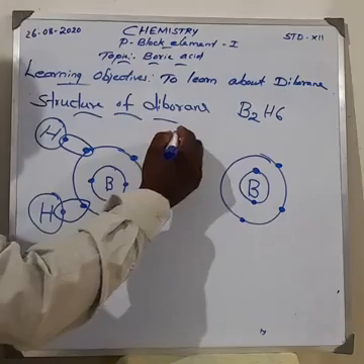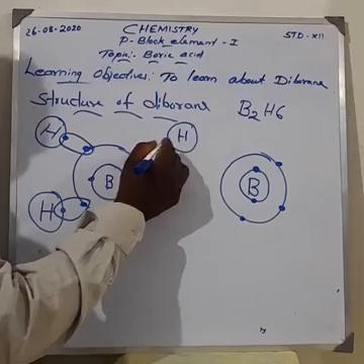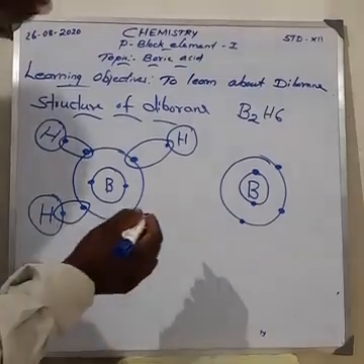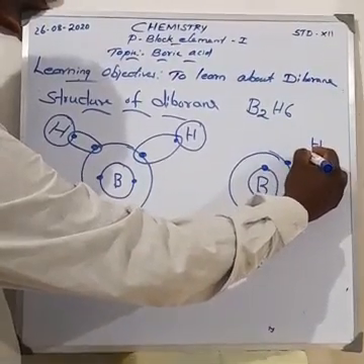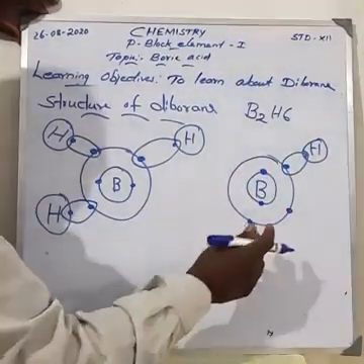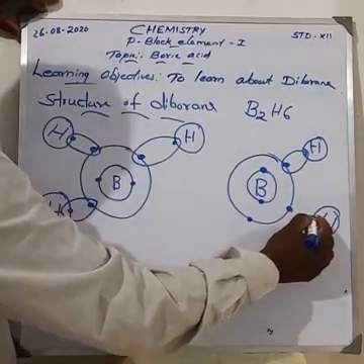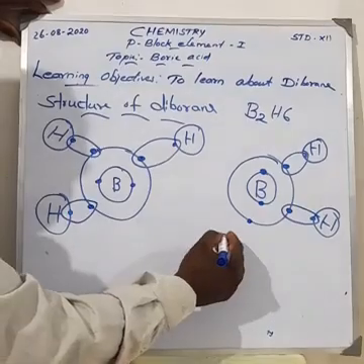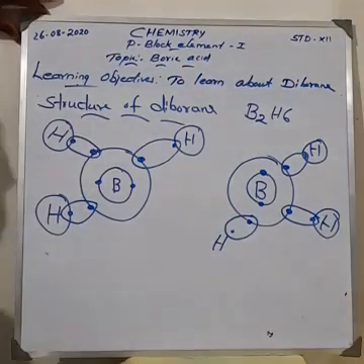Next, the third hydrogen, also with 1 electron and a bond to boron. Similarly for the second boron, its hydrogens each have 1 electron and a bond between hydrogen and boron.